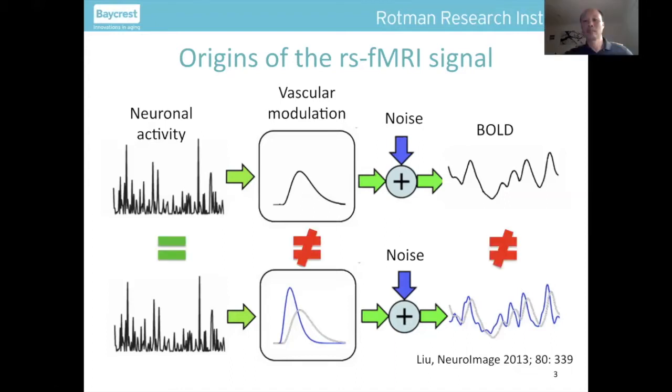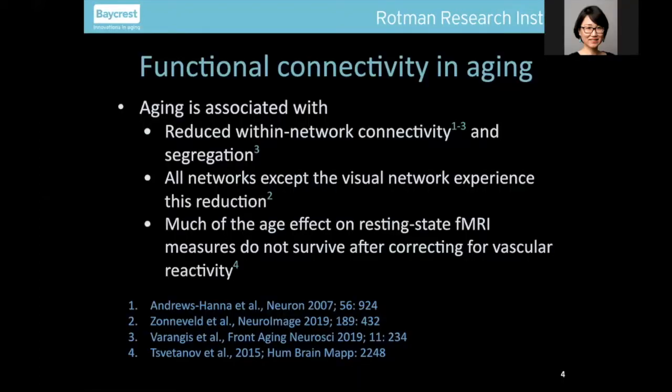signal. So in terms of aging, there has been quite a lot of research using functional connectivity measured using resting state fMRI. And by and large, the finding has been reduced functional connectivity, whether it's within the visual network or the motor network or the default mode.